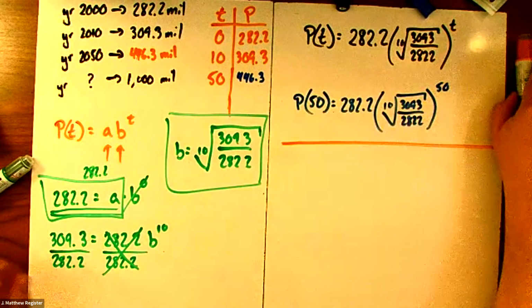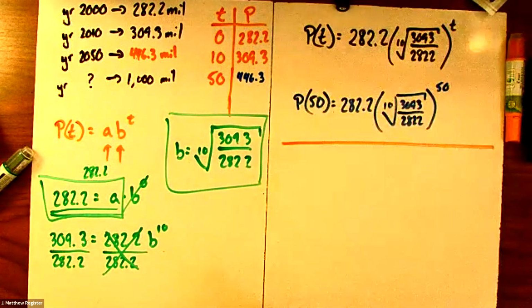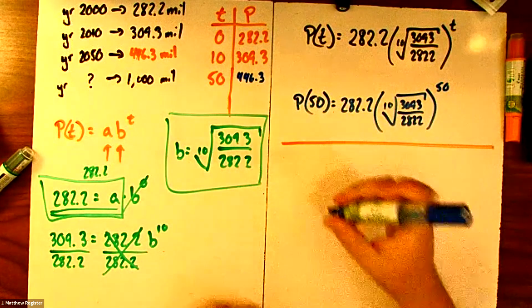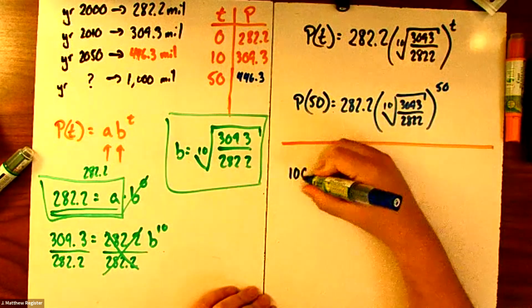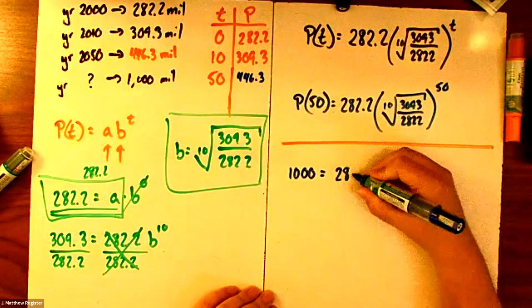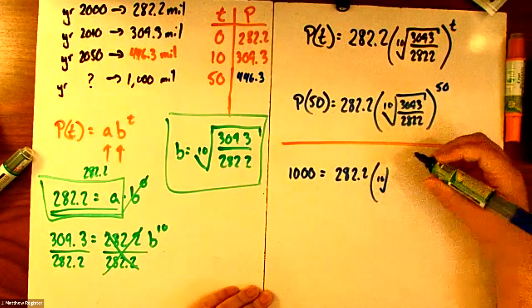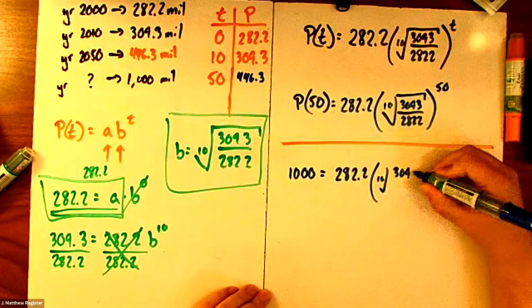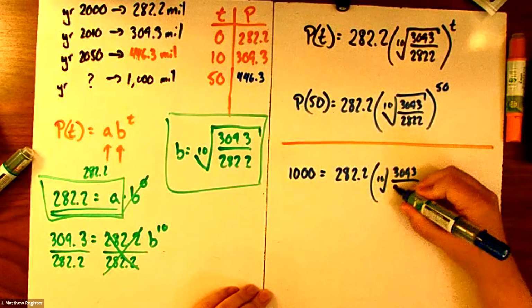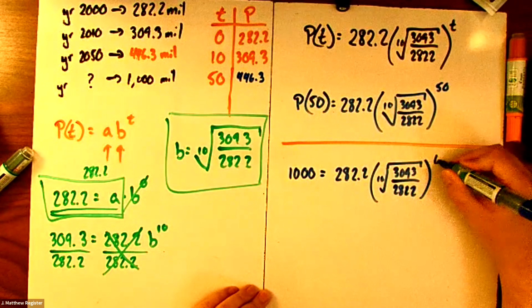We're going to start with 1,000 on the left, equals 282.2 times the 10th root of 3093 over 2822, to the T.